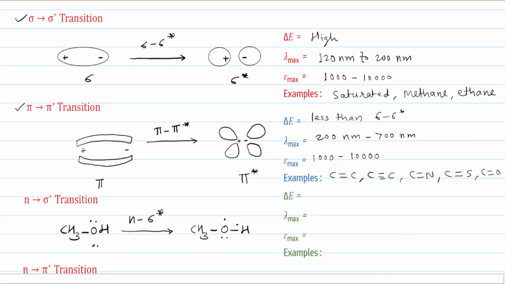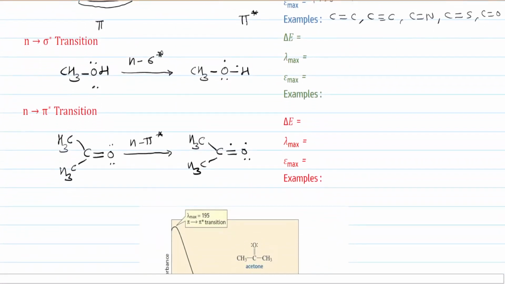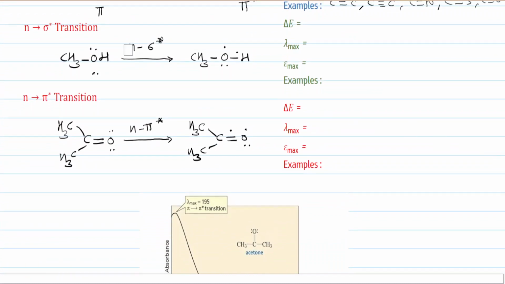Now the third transition belongs to the N to Q transition, and it is the transition of the electron from a non-bonding orbital to the sigma star antibonding orbital, that is the N to sigma star transition. It is observed in the case of methanol, and here you can see the lone pair present on the oxygen.